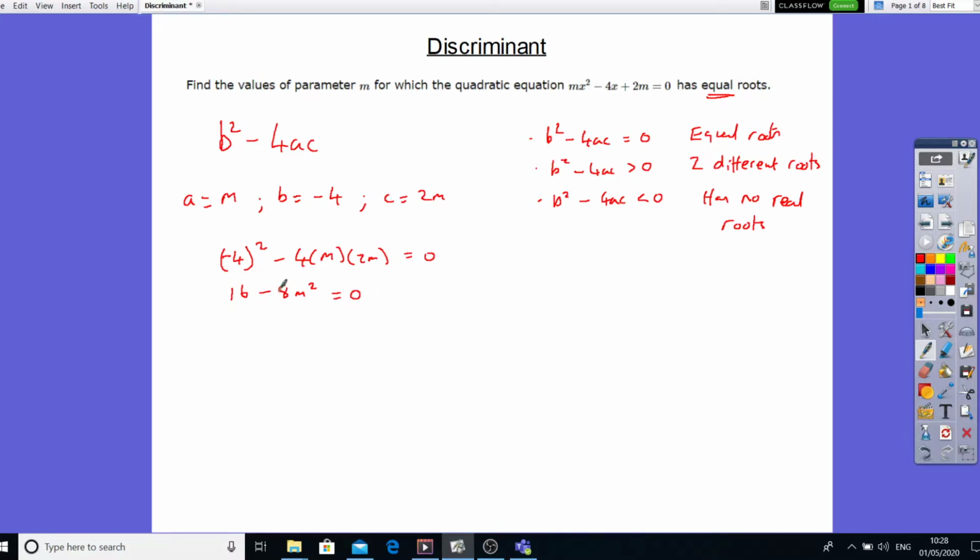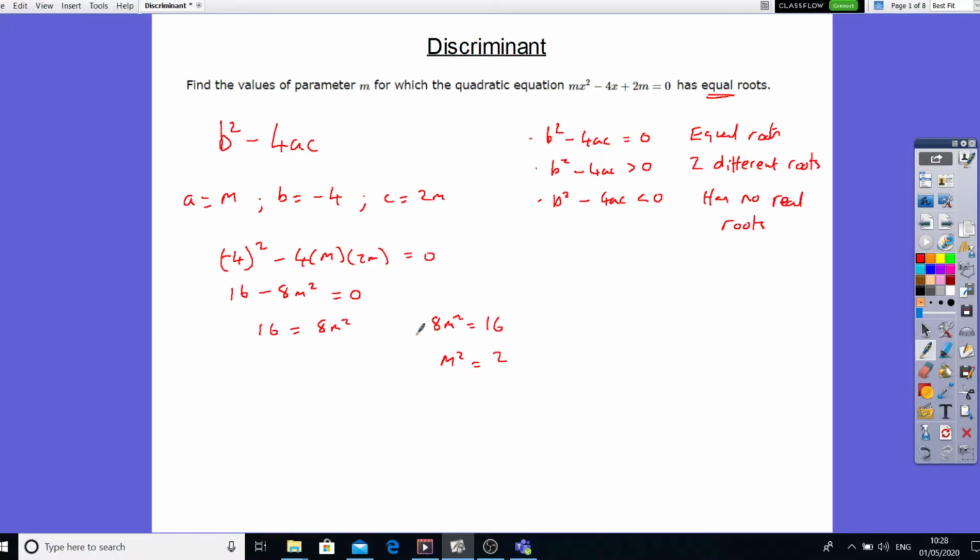So I'll put the minus 8m squared to the other side, so I get 16 equals 8m squared. You can rewrite this as 8m squared equals 16, divided by 8. That gives me m squared equals 2. The opposite of times is divided by.